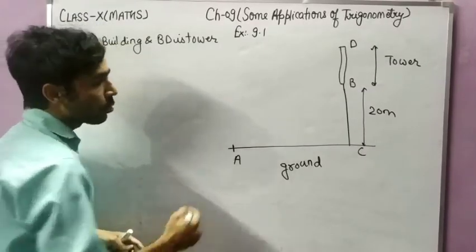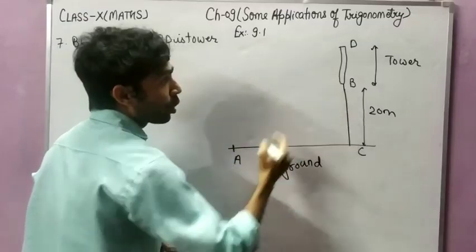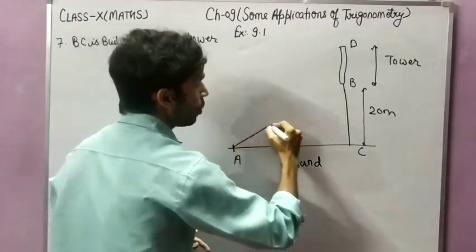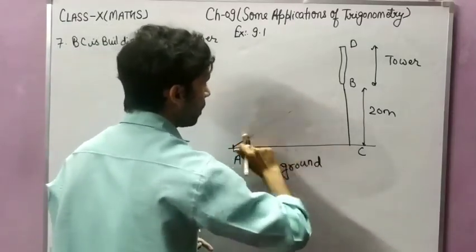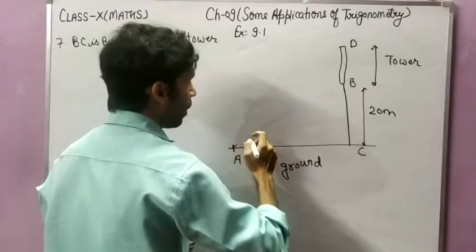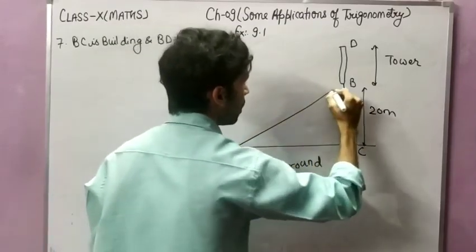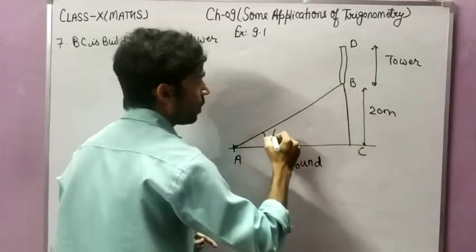तो कैसे करेंगे इसको? फर्स्ट वी विल सी द बॉटम ऑफ ट्रांसमिशन टावर. सो when we will see the bottom of transmission tower, the angle of elevation will be 45 degree.